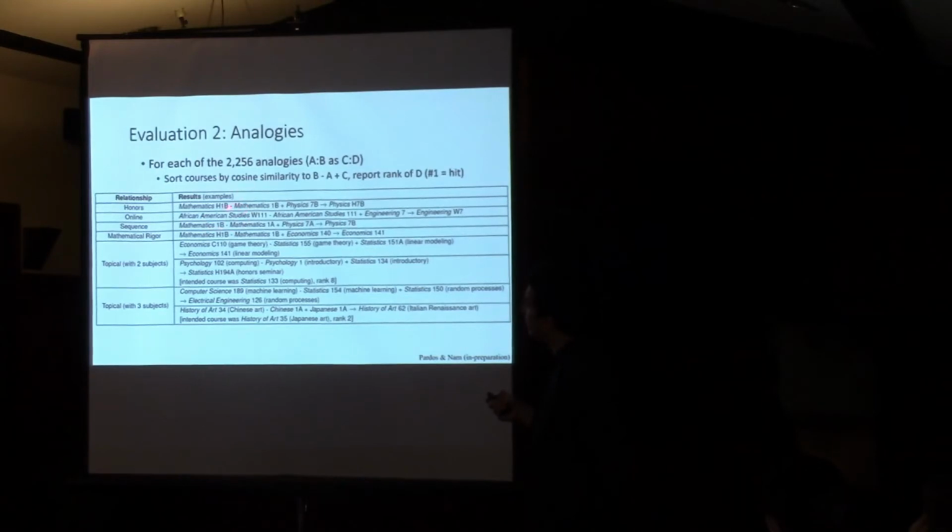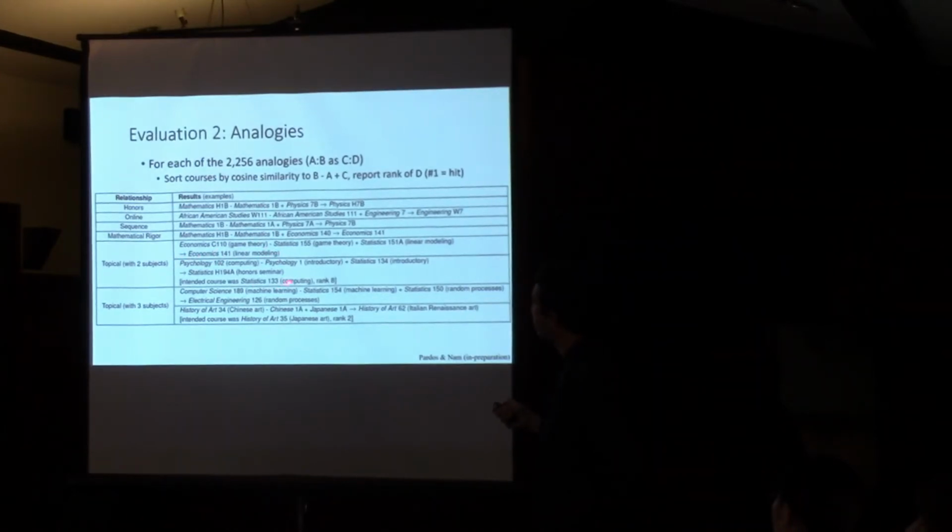We said Mathematics 1B is to H1B as Physics 7B is to, and then asked it to respond, and it said Physics H7B. Let's go to here. Game theory in statistics is to game theory in economics, as linear modeling in statistics is to what in economics, and it came up with the linear modeling class in economics.